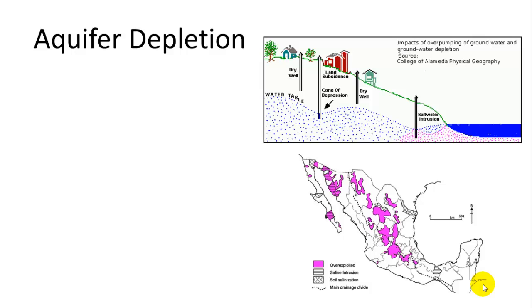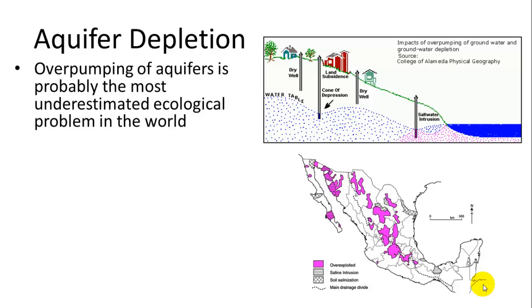Another problem is the overuse of water. Even in the United States, the use of water is not efficient. We generally just flood our agricultural fields when they don't necessarily need to be flooded. A lot of this water comes from aquifers.